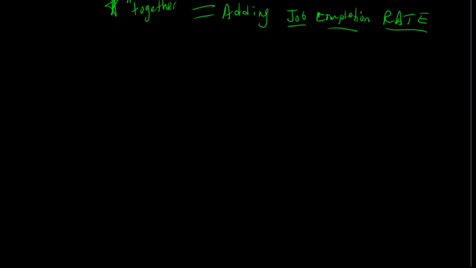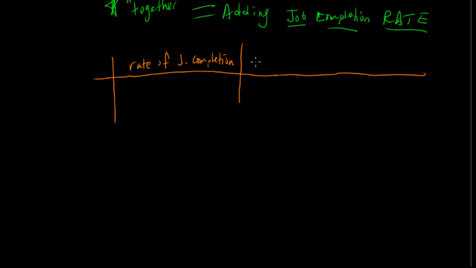All right, let's start with a table here. We want a rate of job completion, which is the inverse of time needed to complete the job. Now, for Megan's sister, she can complete the job in 3 hours.